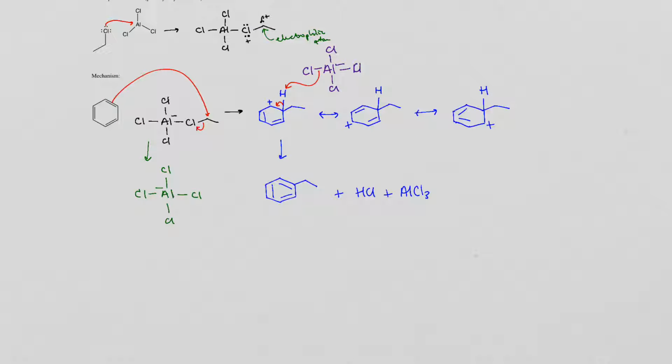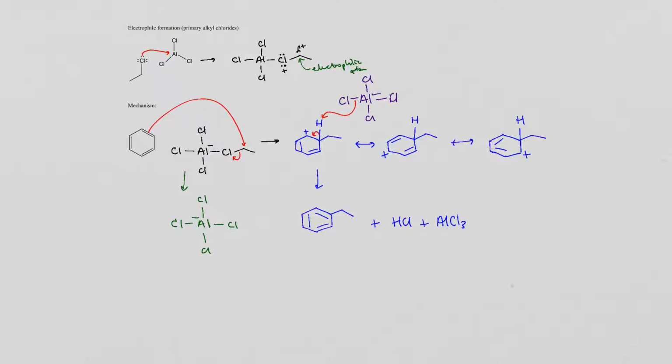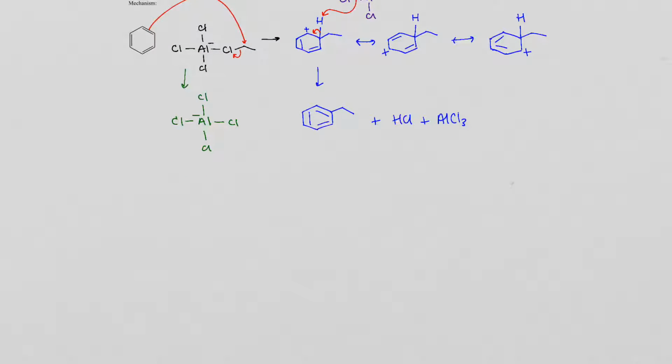So that is a Friedel-Crafts reaction for a primary alkyl chloride. And actually, just so we can draw the overall reaction, I didn't think of putting that in the notes. So we'll go CO, AlCl3.